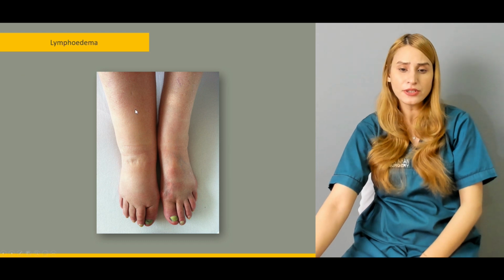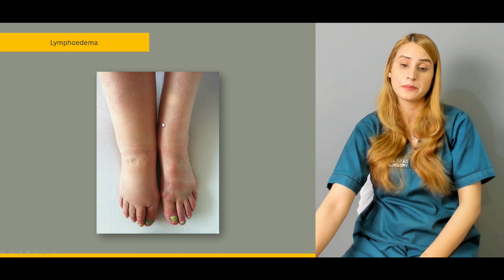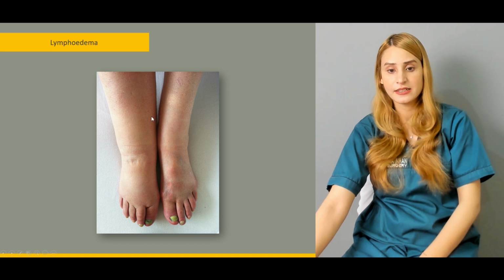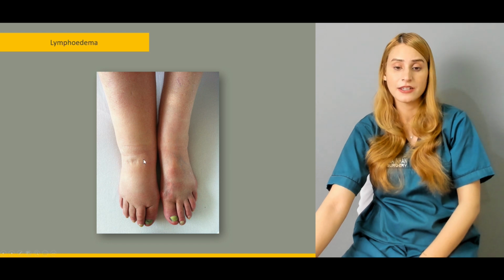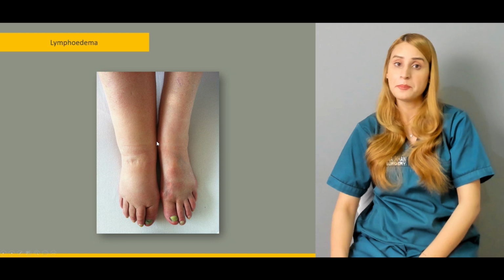If you look at this limb and compare it with the normal side, you can see the lateral malleolus here and the medial malleolus here. But in this picture, you cannot appreciate the malleoli on the right side. No lateral malleolus, no medial malleolus.